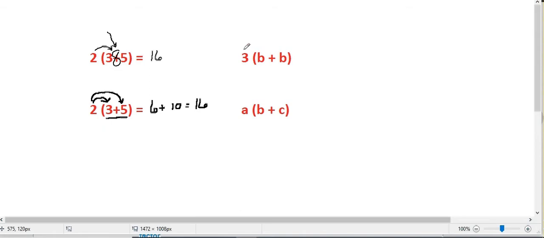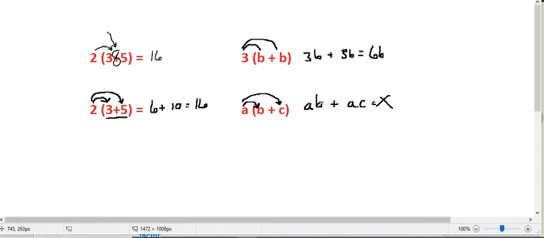Or I could do 3 times b, 3 times b, and I get 6b again by multiplying first, adding at the end. A times B is AB. A times C is AC. Can I go any further? No. Those are not like terms, so you cannot combine them.